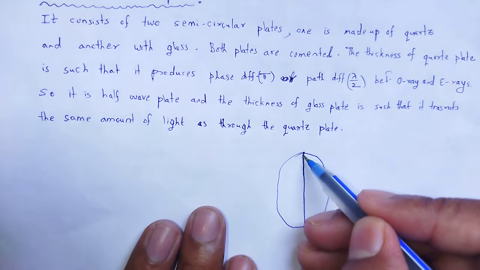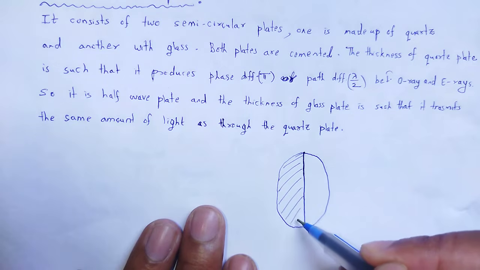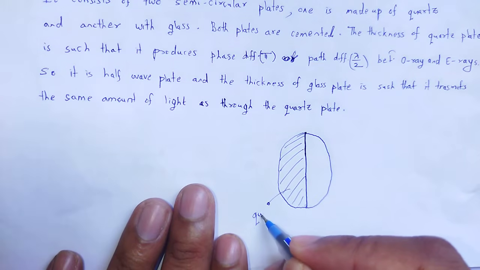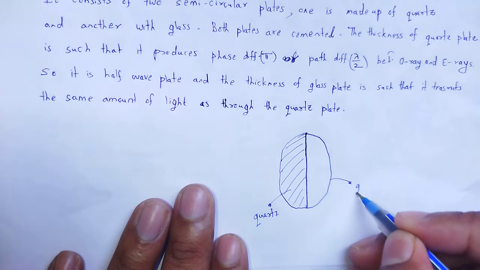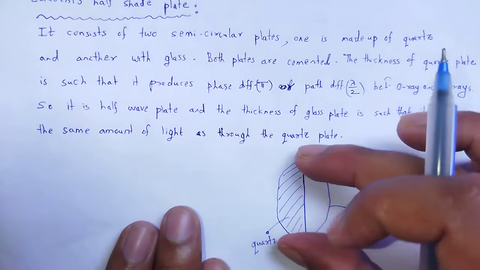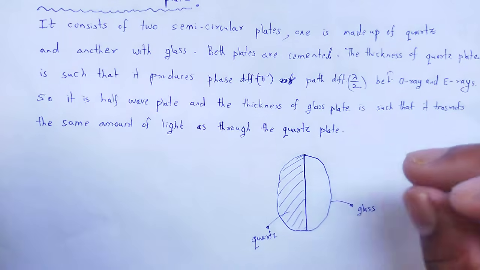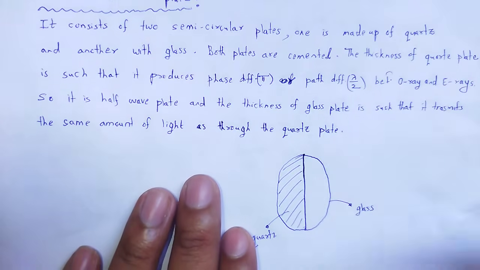One part is made of quartz, another part made of glass, and these two are cemented. Both the plates are cemented.